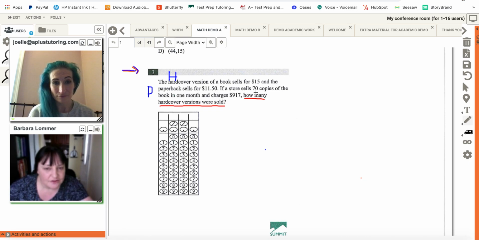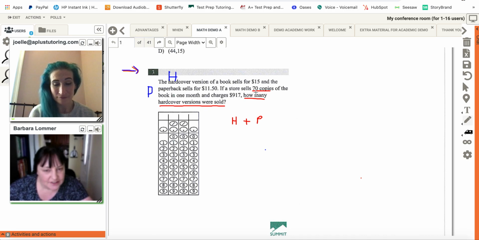So for starters, we're selling 70 copies of both hardcover and paperback. So together, there have to be 70. So I can say, using our variables, we have however many hardcover versions plus however many paperbacks together have to be 70.